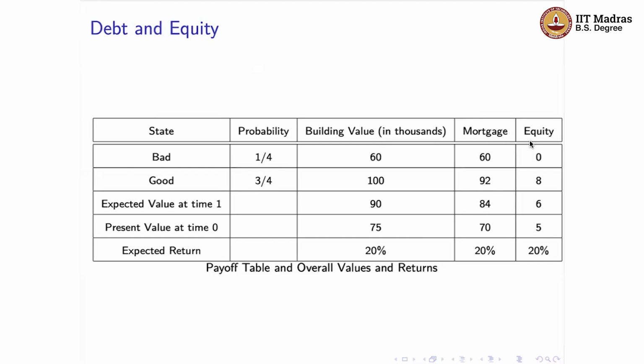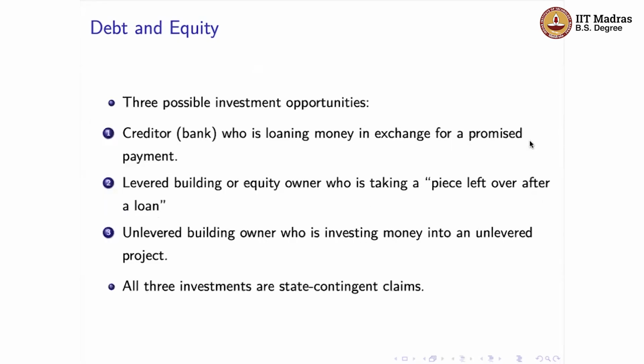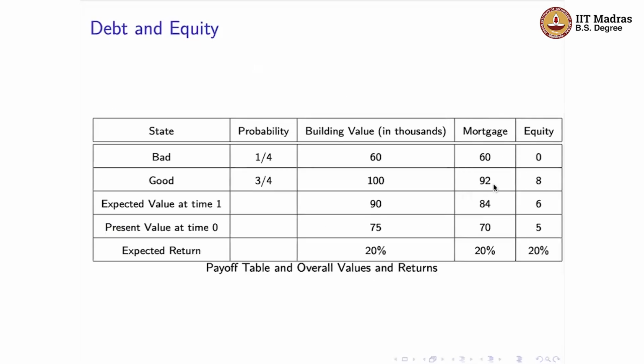And this is an important point because if you think about it, there are actually three possible investment opportunities described in this table, right? So one, you have this from the perspective of a creditor. Think of it as a bank, which is loaning money in exchange for a promised payment, right? So this promised payment here was this 92,000, which may or may not be met depending on what the state of the world is.